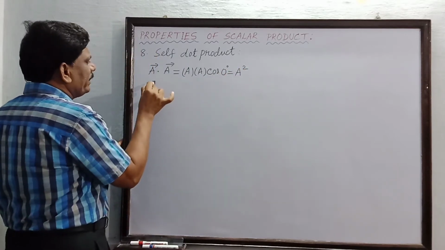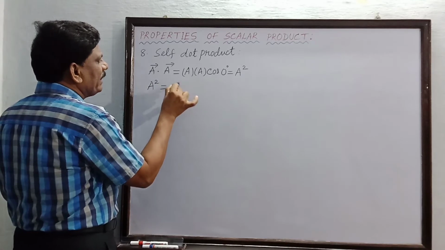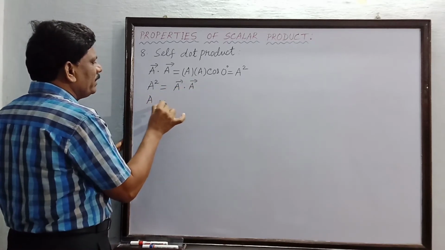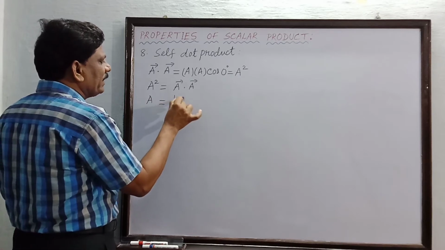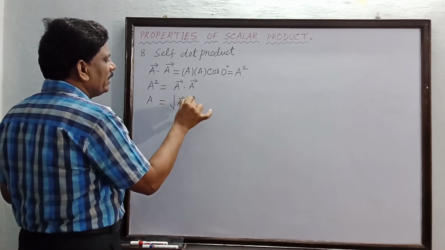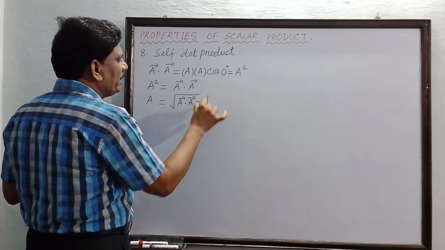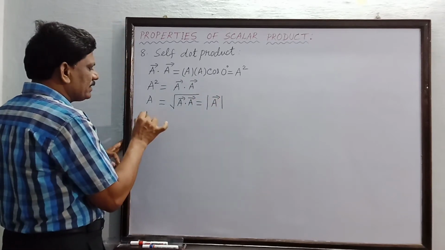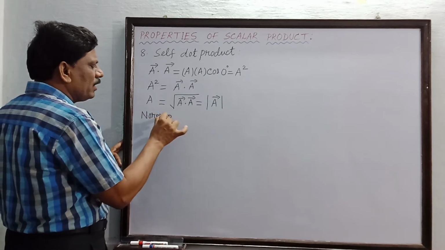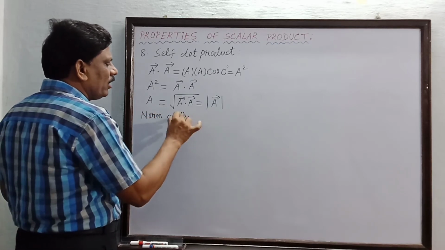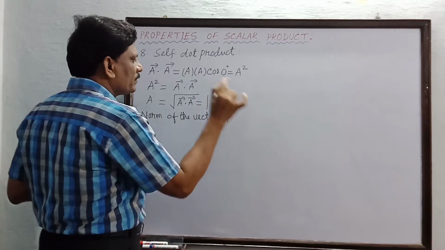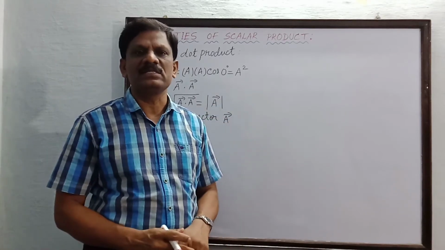So, A square is equal to vector A dot vector A. Therefore, A must be equal to square root of vector A dot A, and this is nothing but equal to modulus of the given vector. This is called the norm of the vector A. This is one of the properties.